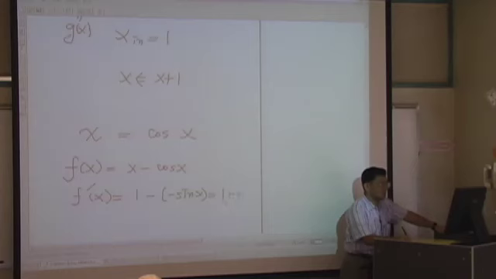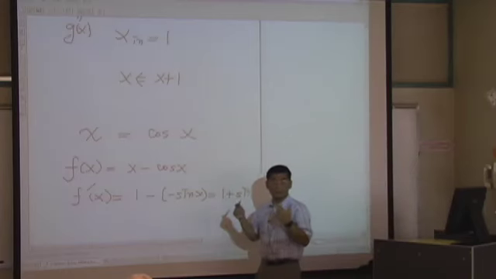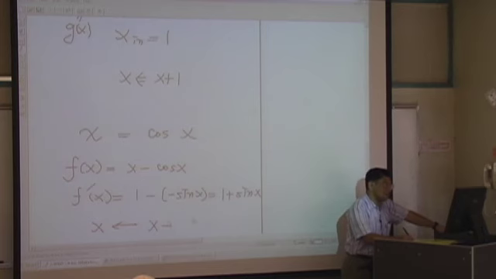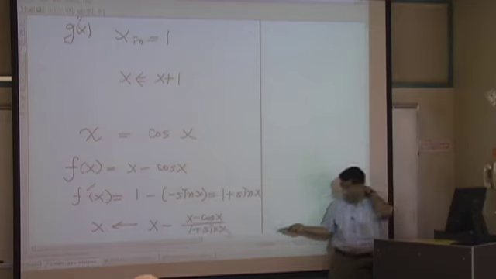And it is 1 plus sine x. Then we can use Newton's method. So we can determine x out by x in minus f of x over f prime of x. So it's one idea of solving the equation, right? This is Newton's method.